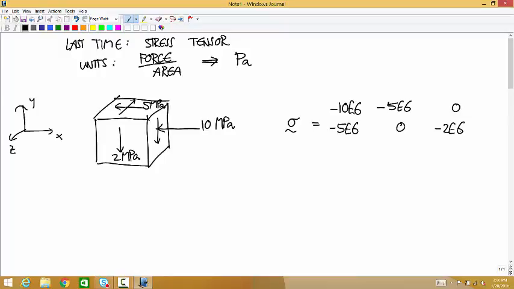And then on the z face, we have nothing in the x direction, which this one has to match this one for symmetry. Negative 2 times 10 to the 6th in the y direction, and nothing in the normal direction.